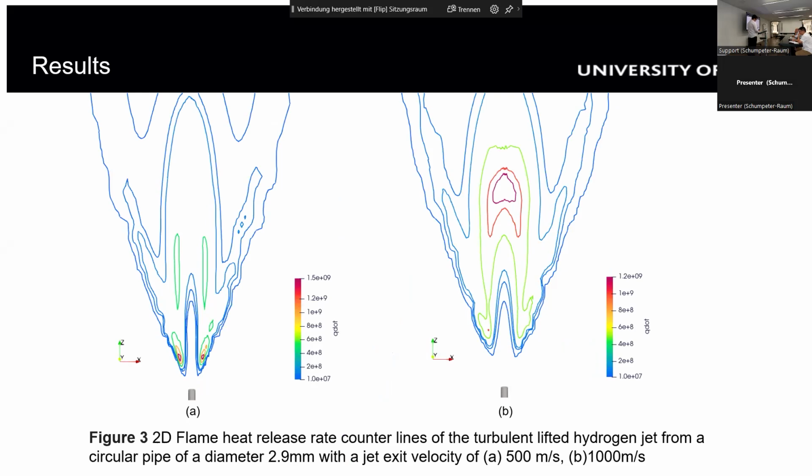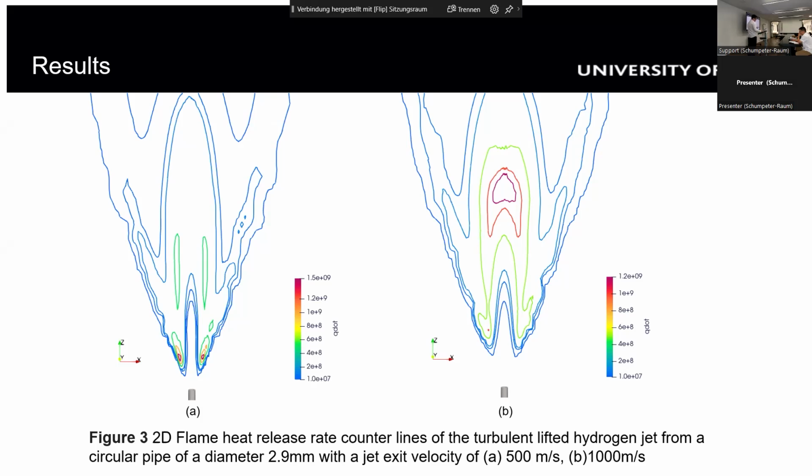The higher jet velocity of 1,000 meters per second leads to a lower maximum heat rate, suggesting that the combustion process is inhibited at higher speed, producing less heat. Also, the heat release positions are different under higher and lower speed conditions.